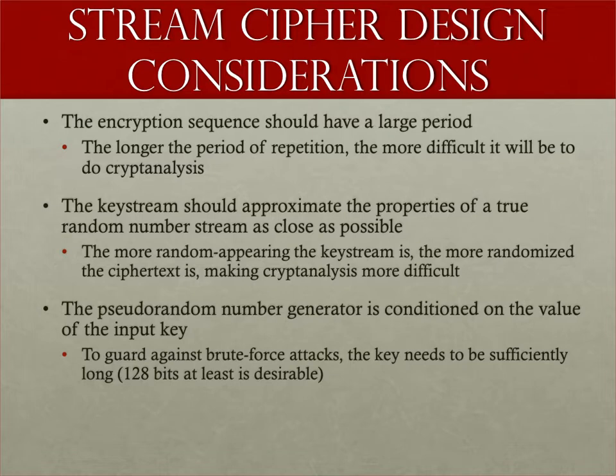So, stream cipher design considerations: the encryption sequence should have a large period. And what that means is, based on the key, the randomly generated sequence could have any arbitrary length. Okay?